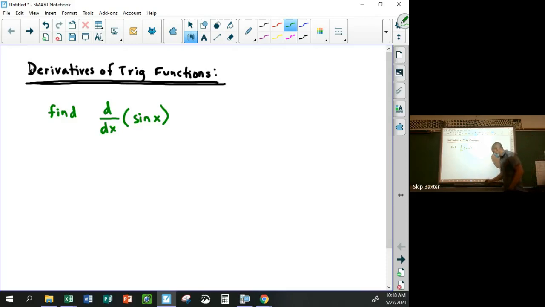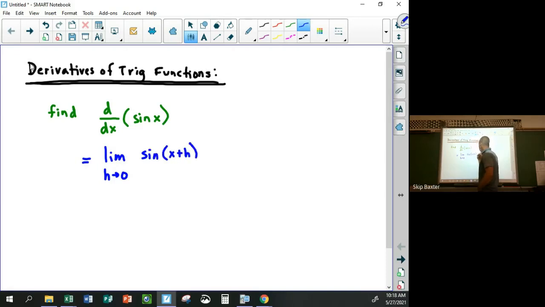We know that we would have to do this limit thing. So this would really be equal to the limit as h goes to 0 of sine(x plus h) minus sine x over h. That's the way you calculate derivatives, right?